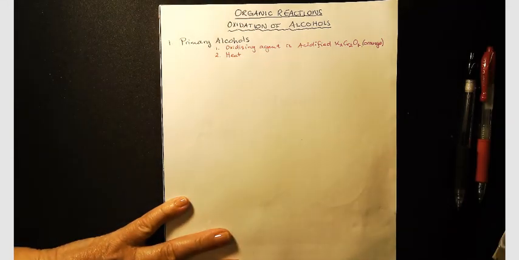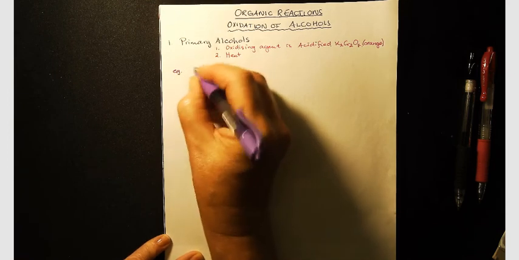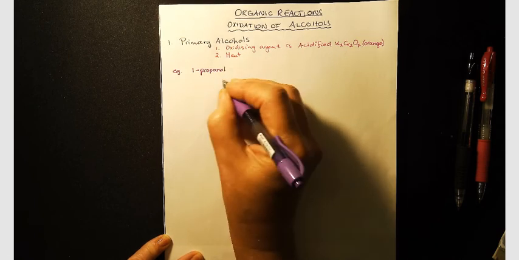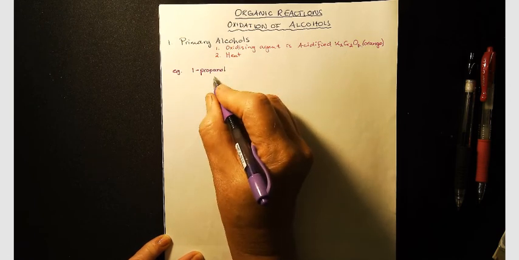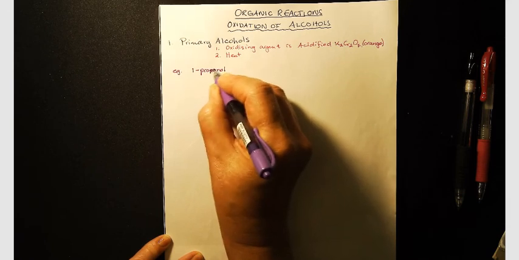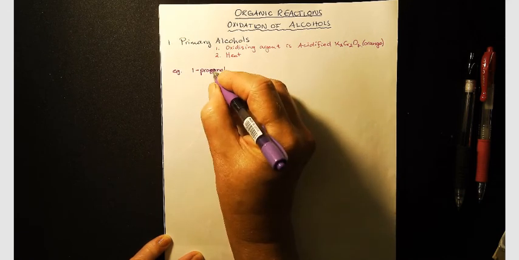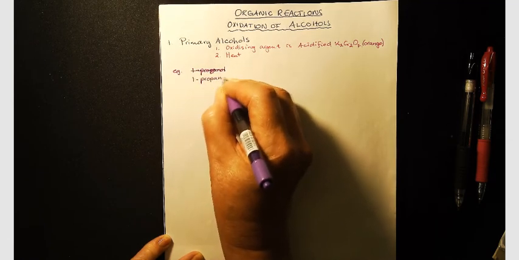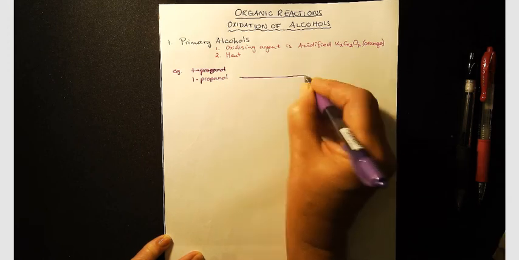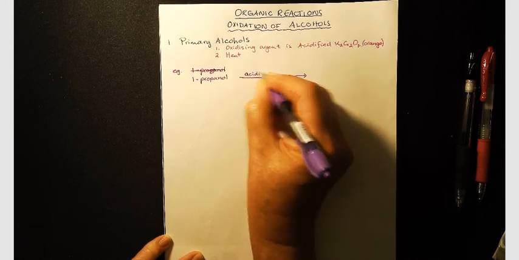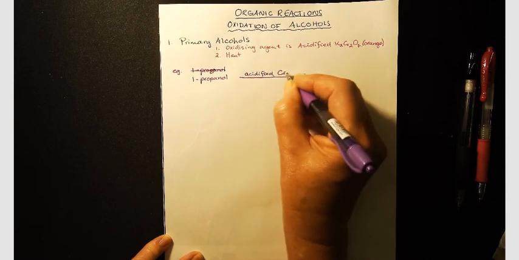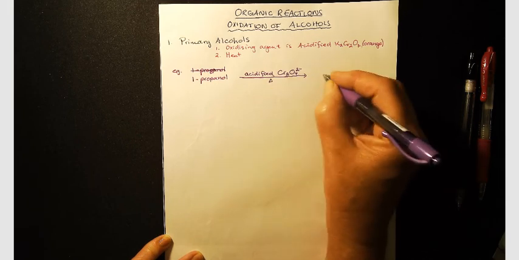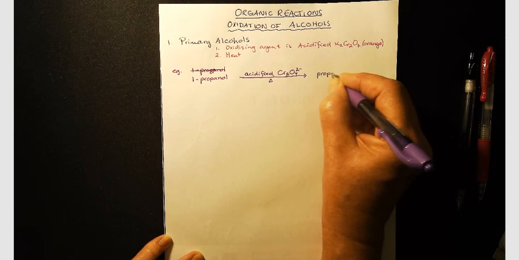So our first example is the oxidation of 1-propanol. 1-propanol will be oxidized in the presence of acidified dichromate solution and some heat to an aldehyde, which we call propanal.